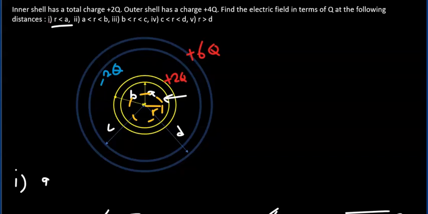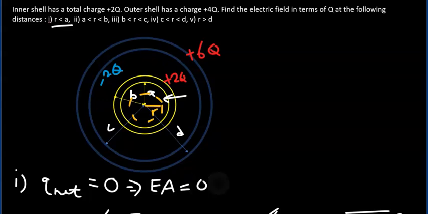So the net charge within that Gaussian surface is 0. That indicates there is no electric flux through that surface, and the obvious conclusion is the electric field at that distance must also be 0. So at any point on that Gaussian surface, the electric field is 0 for the reason that we have just mentioned.